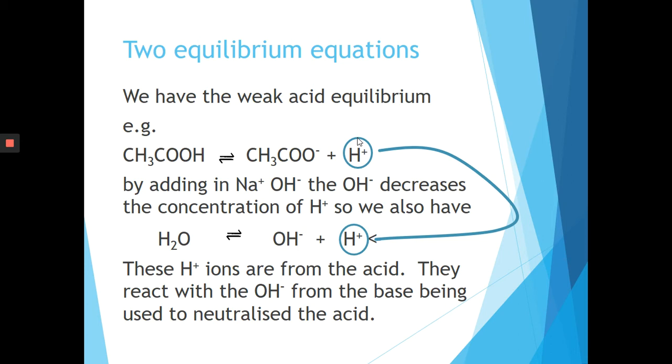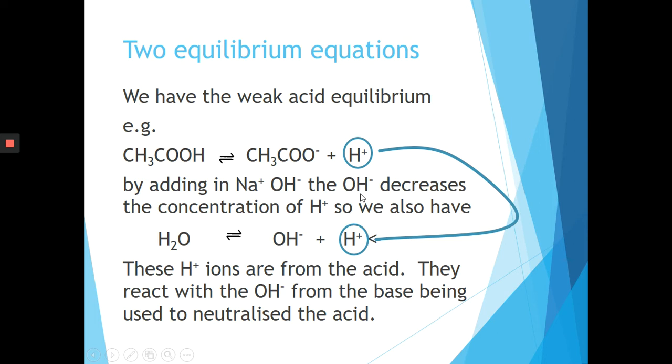So, as these hydrogen ions are used up, we're going to need more ethanoic acid molecules to split up to replenish the hydrogen ions. For this to happen, the equilibrium needs to shift to the right. And this will encourage the breakdown of the ethanoic acid molecules into ions. But every time a hydrogen ion appears, one of these hydroxide ions is going to take it.